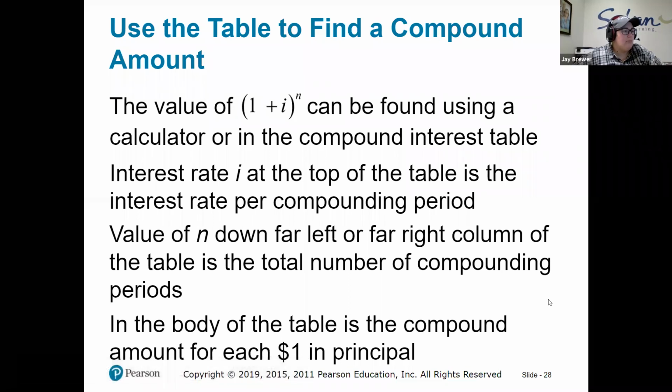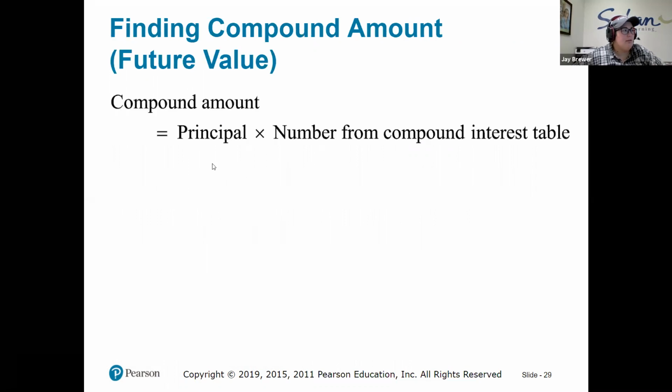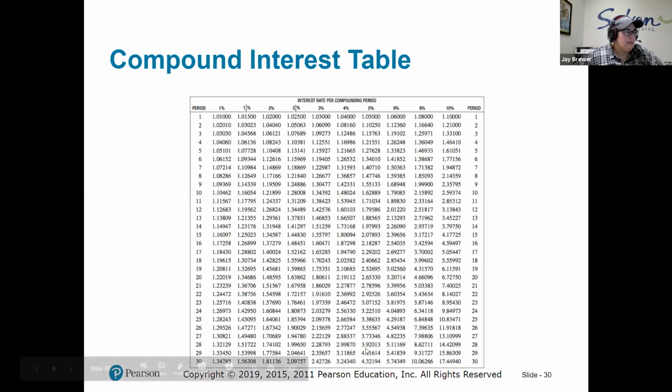The body of the table is the compound amount for each dollar in principal, so you have to multiply that. Compound amount is principal times the number from the table. And this is an example of what the table looks like.